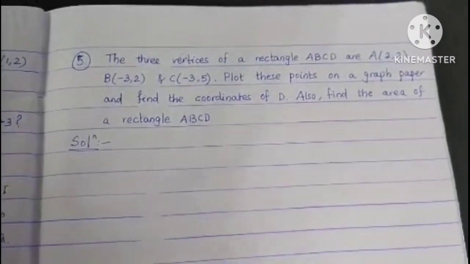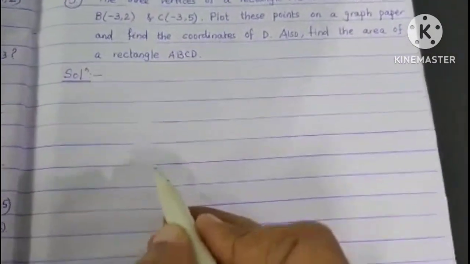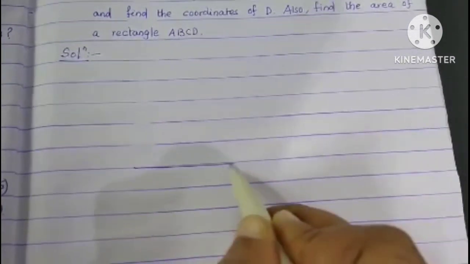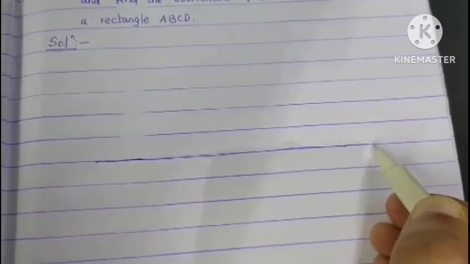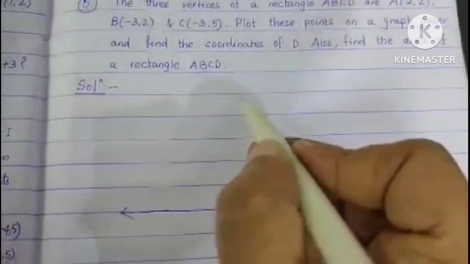So it is basically a rectangle. Now let us plot the points. Let us draw the x-axis, and let us draw the y-axis.